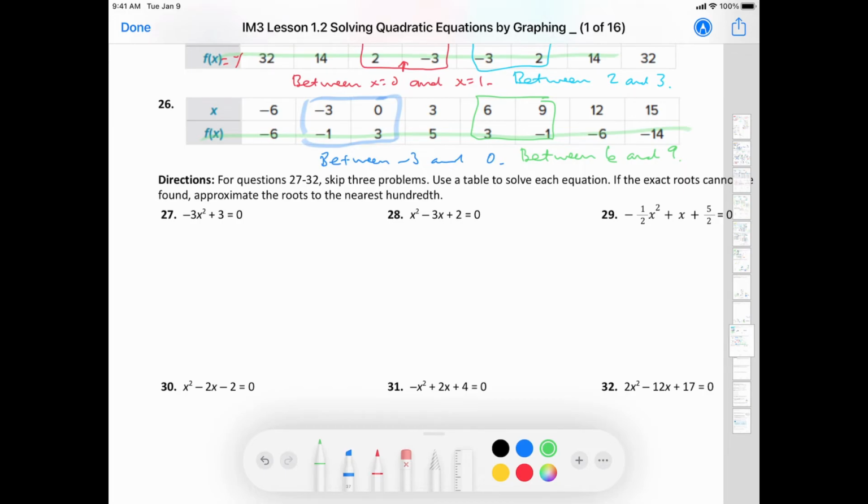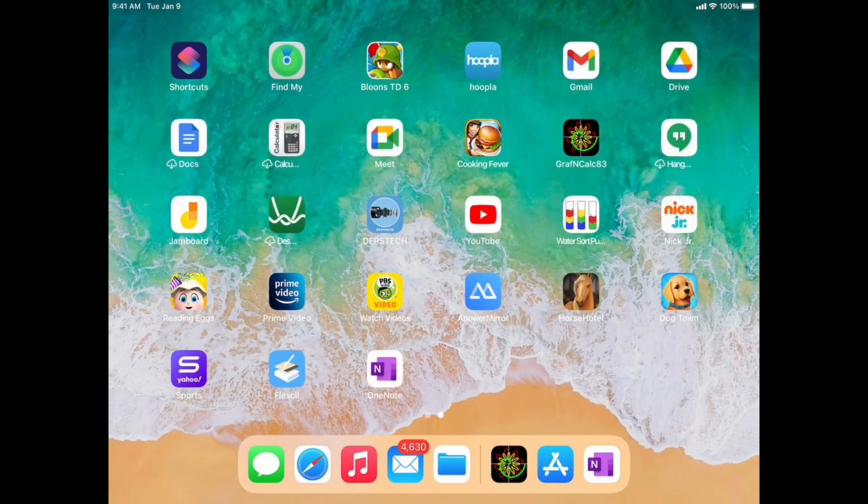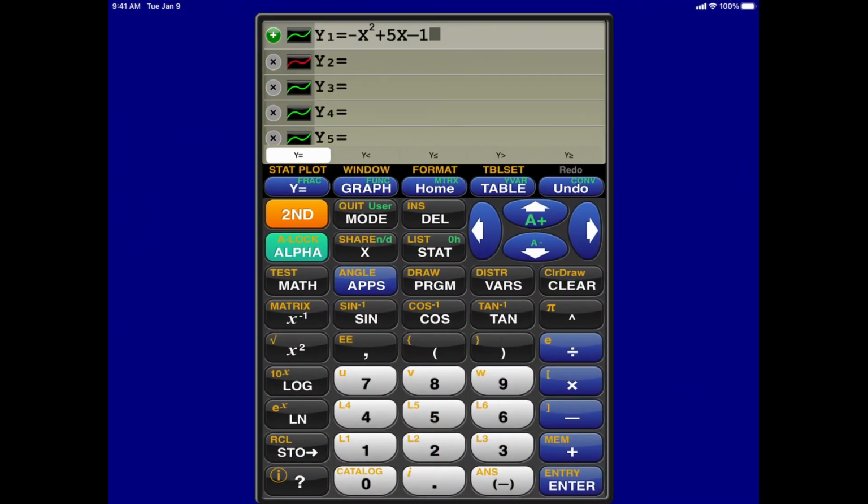Okay, so now let's just get a table of values. So negative 3x squared plus 3, let me bring this up. So let's put that in here.